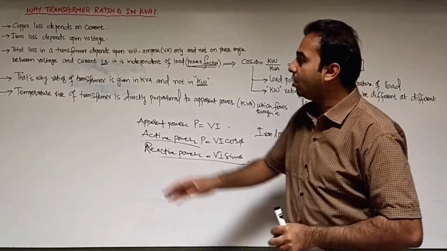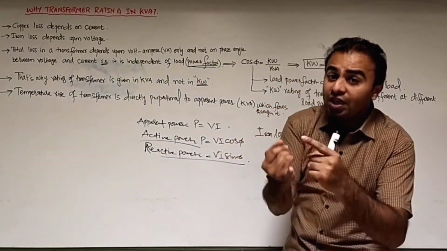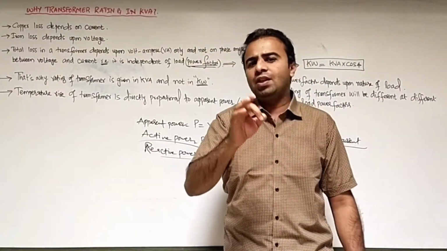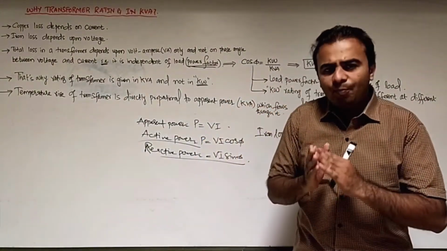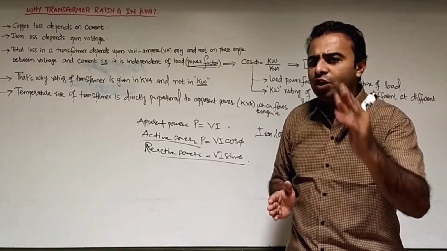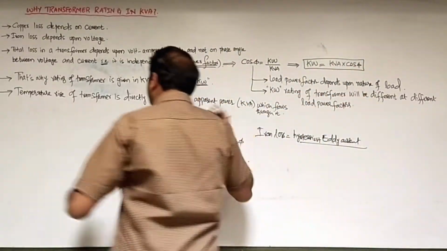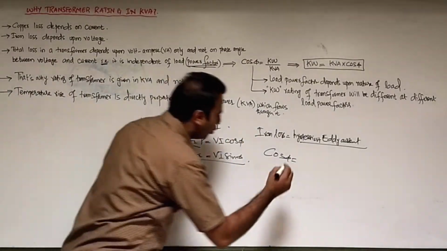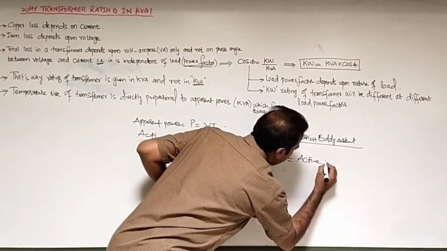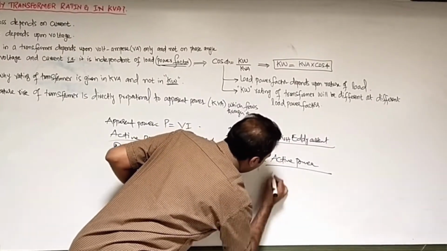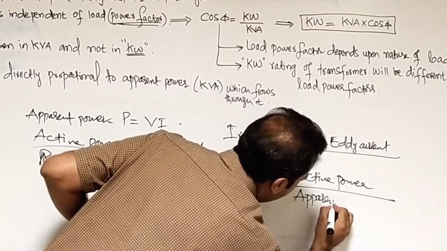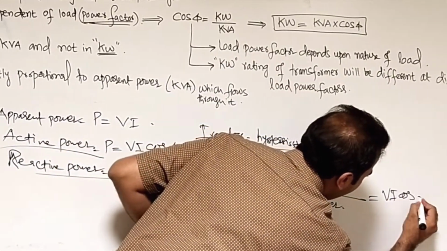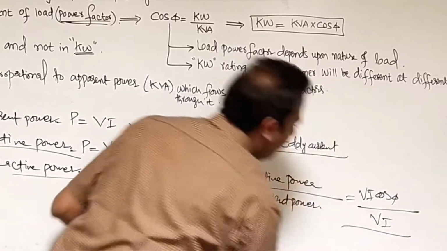So the total loss in the transformer depends upon the volt-ampere product, but not the phase angle between the voltage and current. What is the power factor? The cosine of the phi angle between voltage and current is called the power factor. As you can see from the formula, cosine phi is the ratio of the active power, VI cosine of phi, divided by the apparent power, VI.